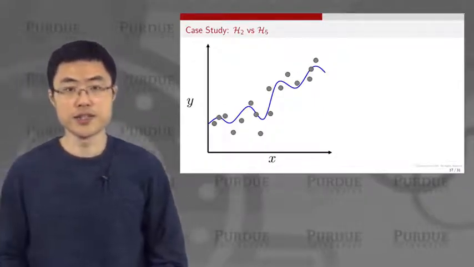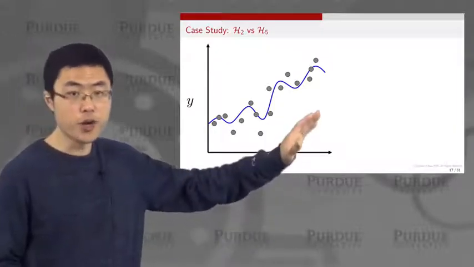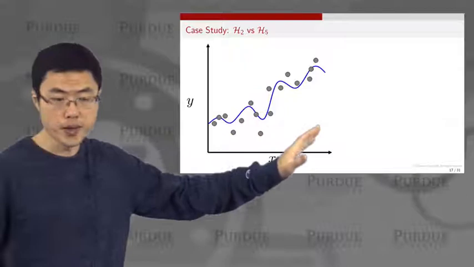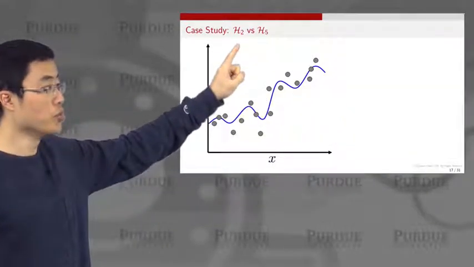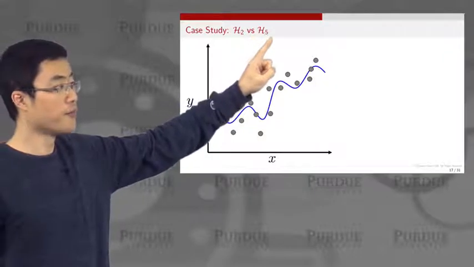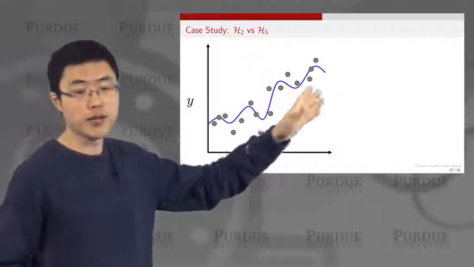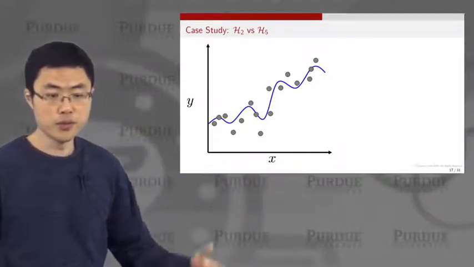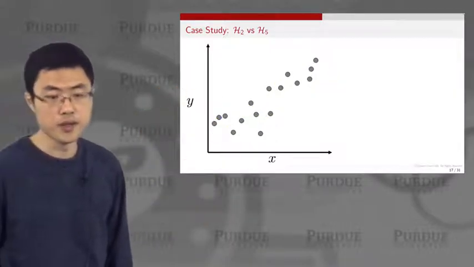So let's look at a case study where you have a polynomial, and a set of data points that are generated from this polynomial. We want to use a second order polynomial, H2, and a fifth order polynomial, H5. I want to run a validation and then pick the one that will be the best. So I want to split this data set into training and testing.